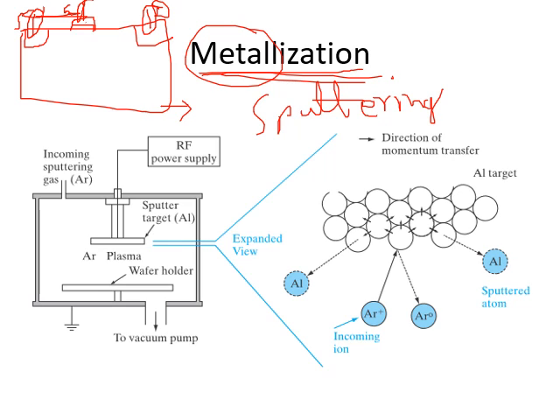Sputtering, like here the diagram is showing the aluminium, right? So here we have argon and we have aluminium. So how is sputtering done? Sputtering of aluminium can be done by immersing the aluminium into argon plasma.